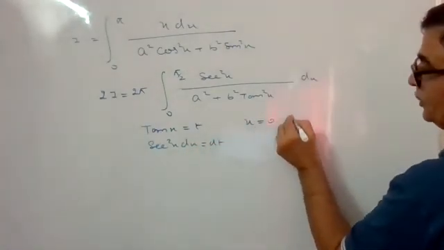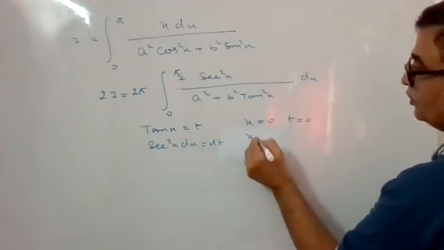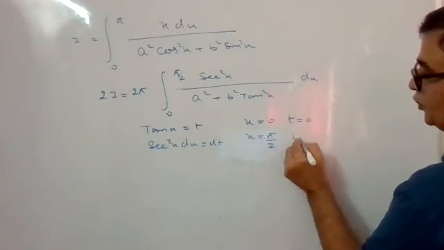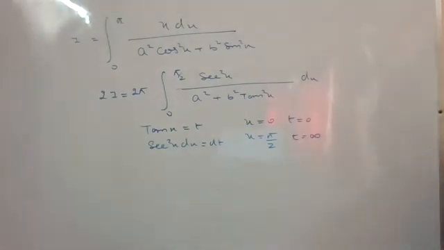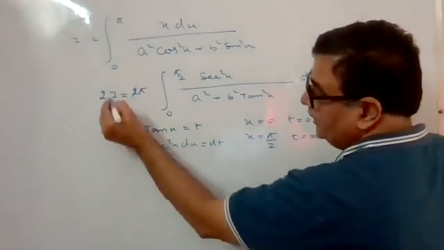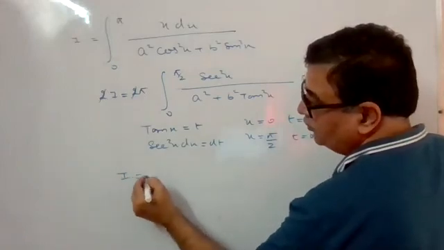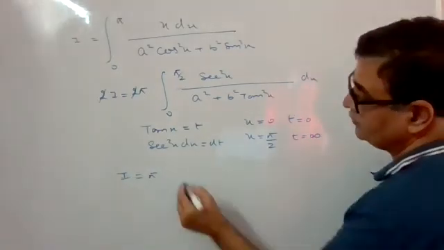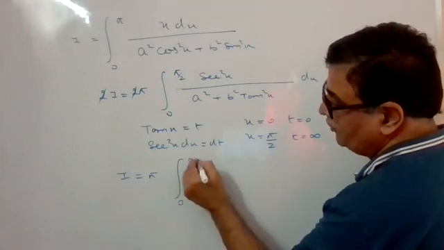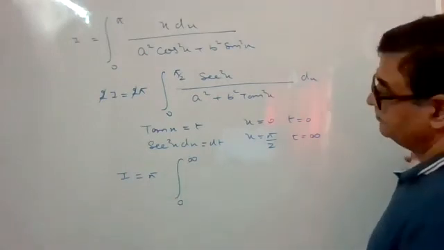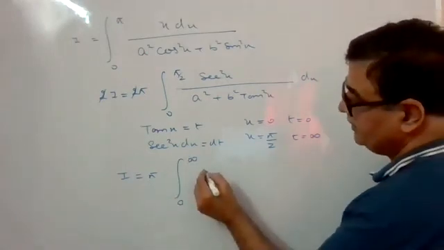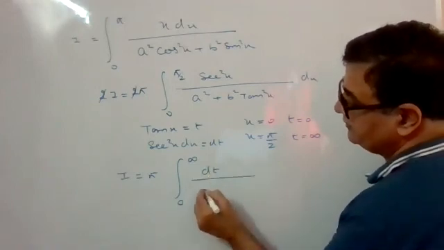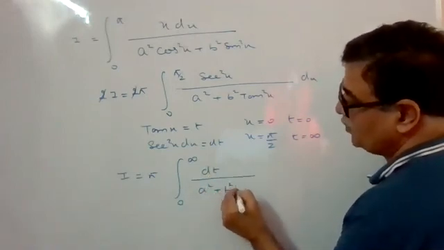When x is 0, clearly t is 0. When x is pi by 2, t is coming infinity. That means this 2 and 2 cancel out, I comes out to be pi, and the limit is 0 to infinity. Numerator is dt, and this is a square plus b square t square.